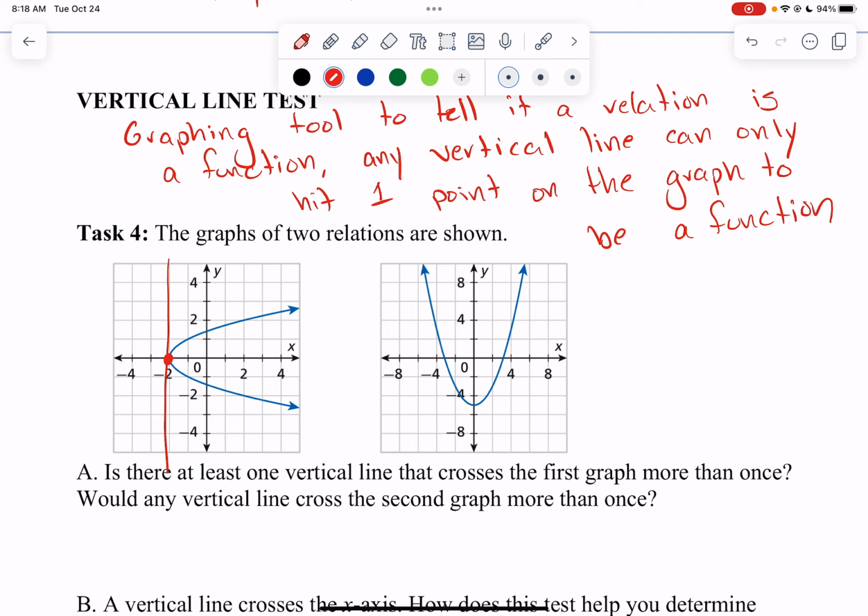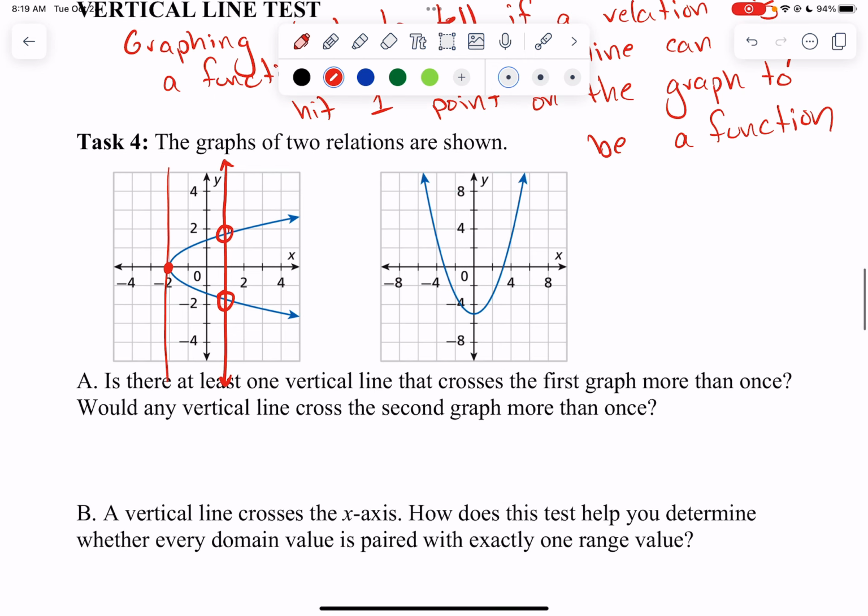But as soon as I go farther to the right, like if I draw a line through right here, it hits 2 points. Since it hits 2 points, I know it's not a function. So is there at least one vertical line that crosses the first graph more than once? Yes. So this first graph is not a function because it hits 2 points.